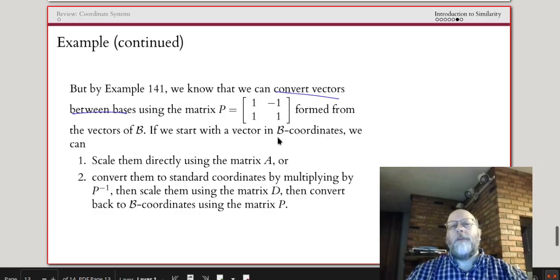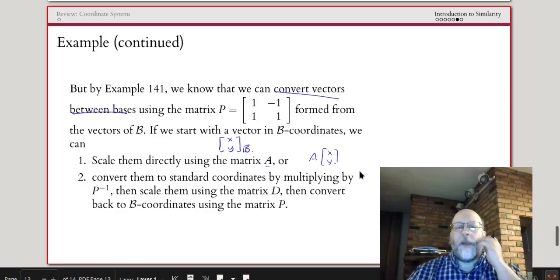So if we start with a vector in B coordinates, we actually have two choices. We can just scale them using the matrix A. So I have a vector in B coordinates, and since they're already in B coordinates, I can just use the matrix A times that vector, and it will scale the first vector by 3 and the second vector by -1.